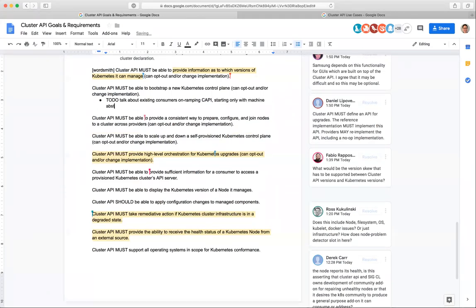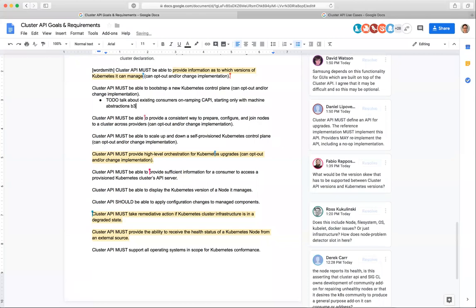I think this is where Cluster API is too broad of a term. Maybe we should be taking requirements of each of those individual functions. If you were defining requirements, you would have the Cluster API, which is legit, and then you'd have the machines API if you want to lump that all together.